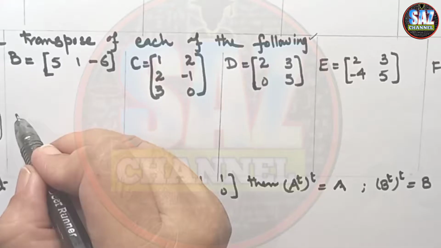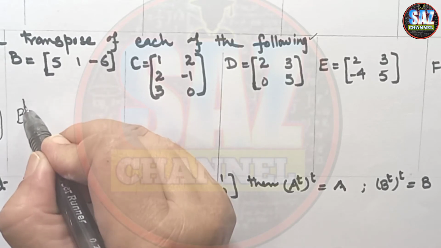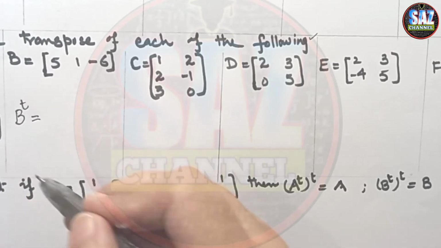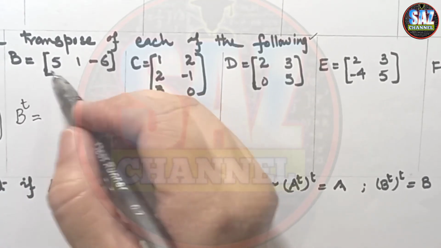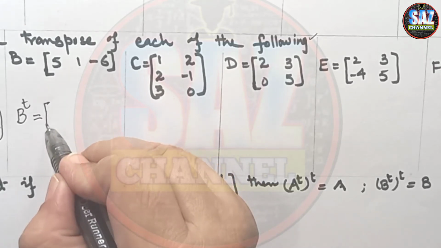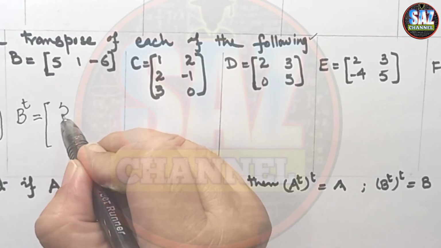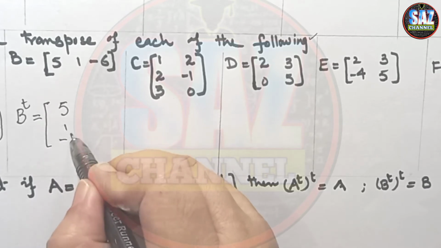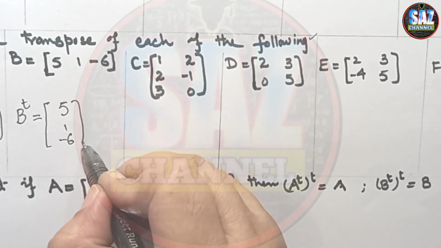Coming to the second matrix, transpose will be marked with B transpose, and it's the single row matrix, so it will be turned into column and it will take the form 5, 1 and minus 6. I hope you are clear about this.